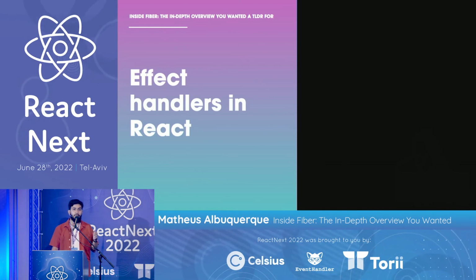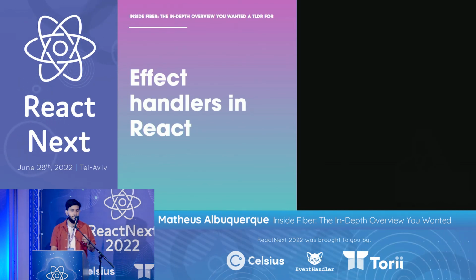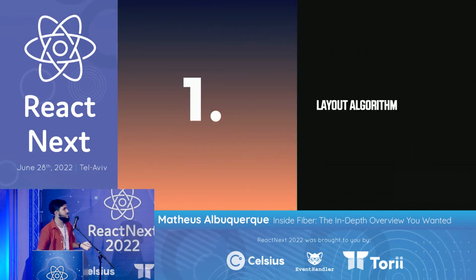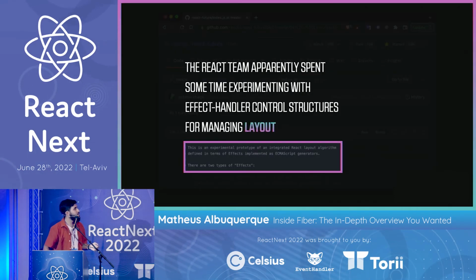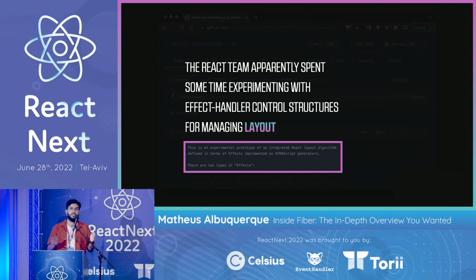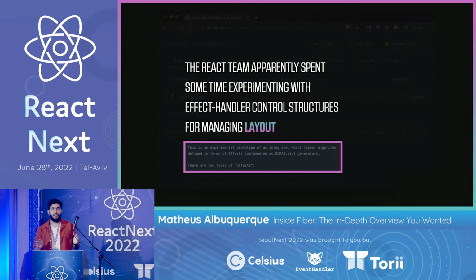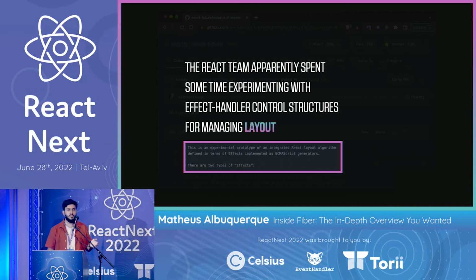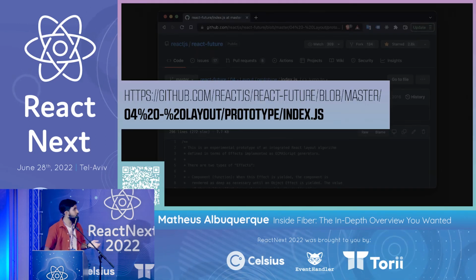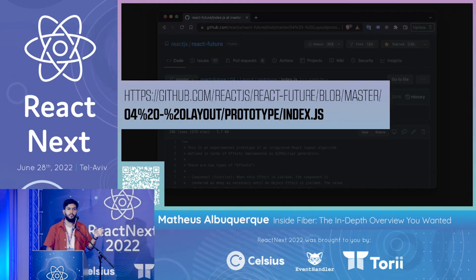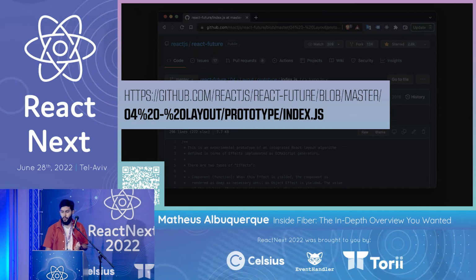And effect handlers in React showed up through a lot of React history. The first one was in the layout algorithm, when, years ago, they started experimenting with effect handler structures to change the way React handles layouting. This is a pull request, by the way, but again, because of optimizing issues, it didn't move forward.